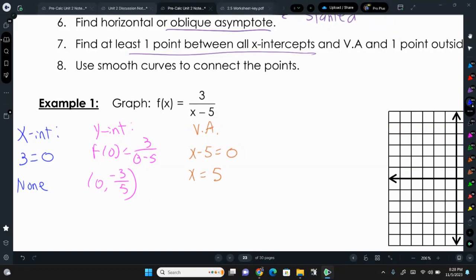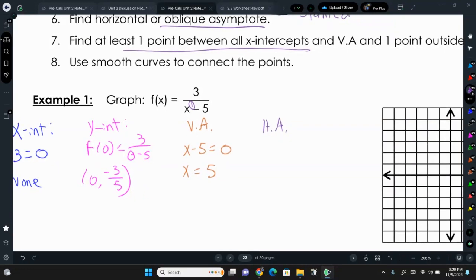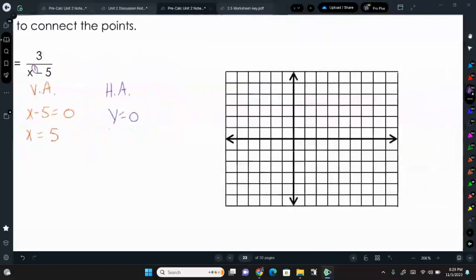And now our horizontal asymptote, the degree in the denominator is 1. There is no x in the numerator, so the degree of the numerator is 0. So the degree in the denominator is larger than the degree of the numerator, so y equals 0 is our horizontal asymptote.